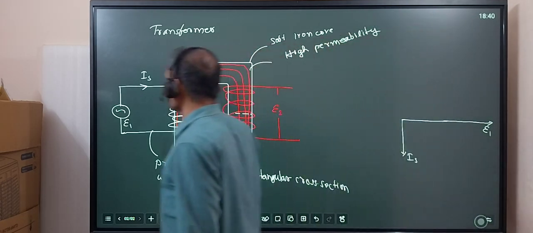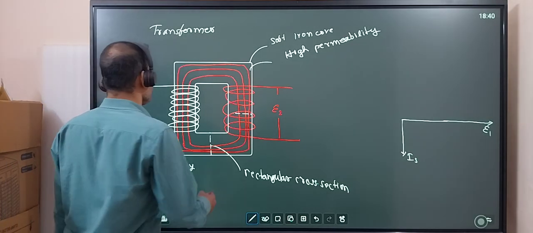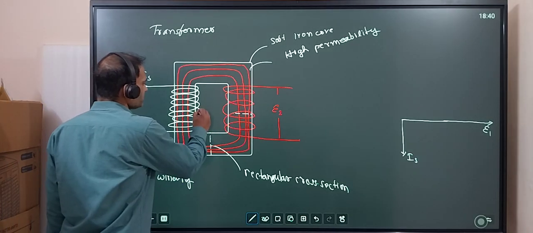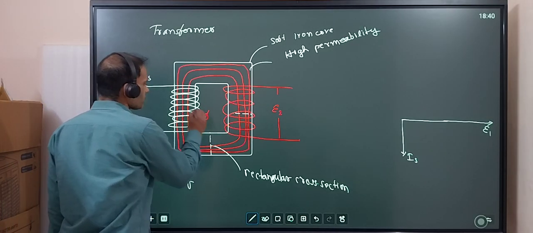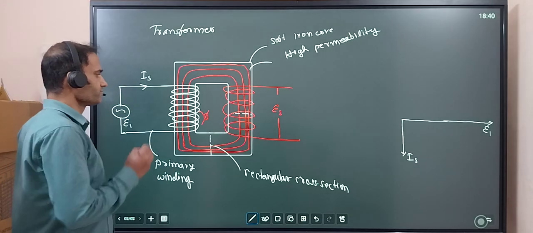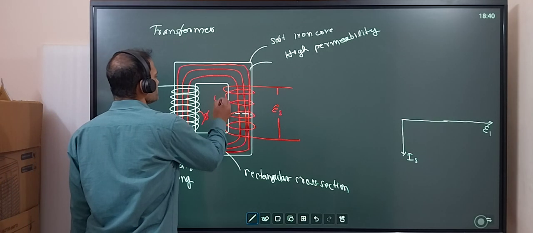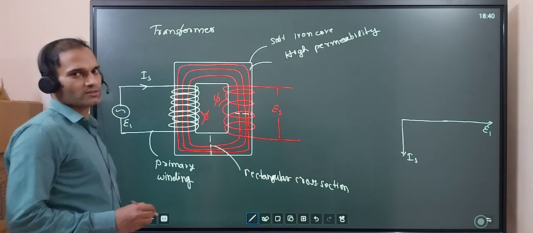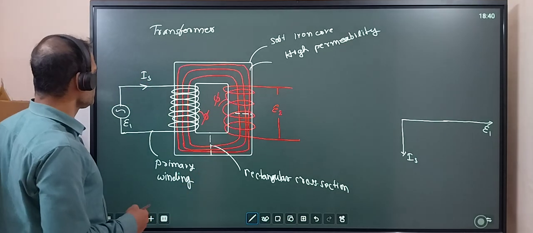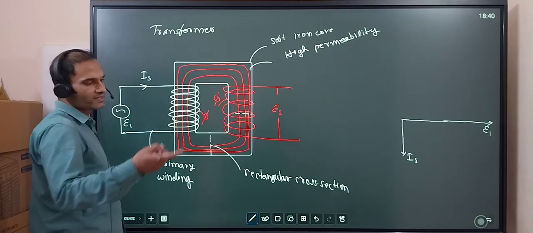So if the flux linked with one of the turns here is phi, here also for one of the turns it will be phi. But there is a difference.